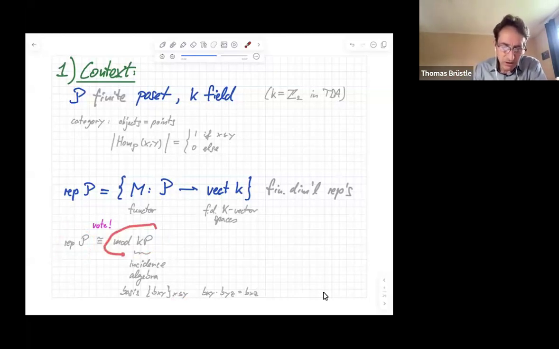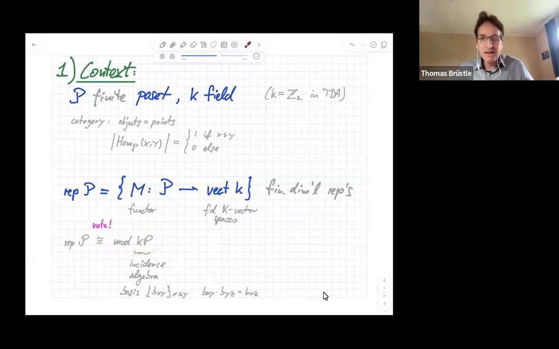If you're more at home on the ring theory side and you love modules, can you show me your hand? I think there's a majority for modules. Thank you very much. But as I said, these are two equivalent points of view of the same thing, the category of representations.